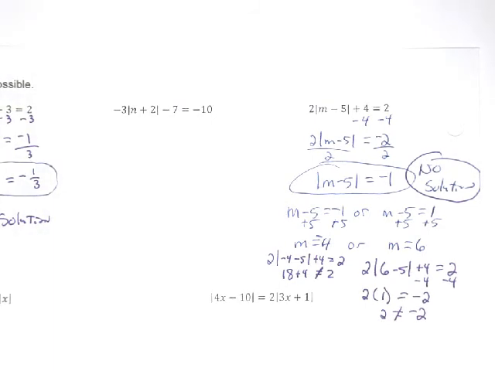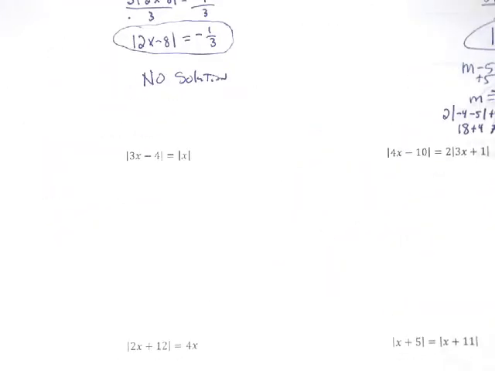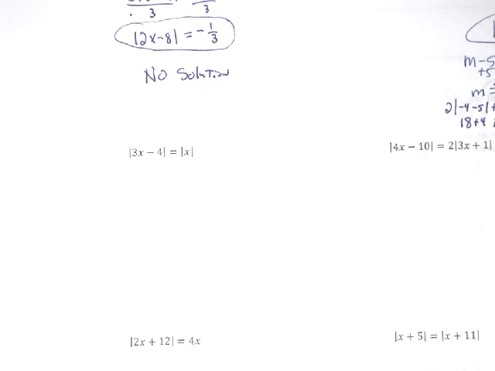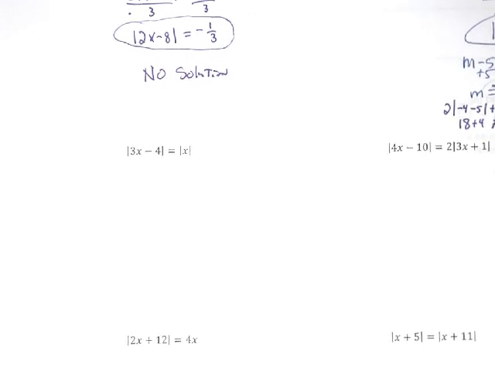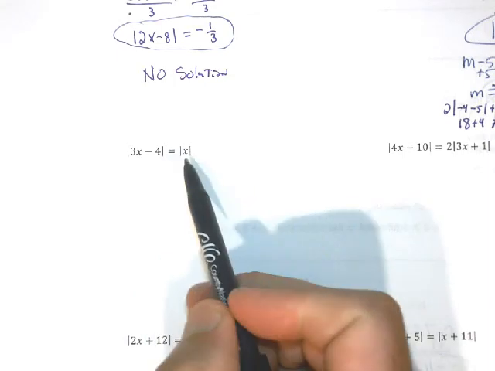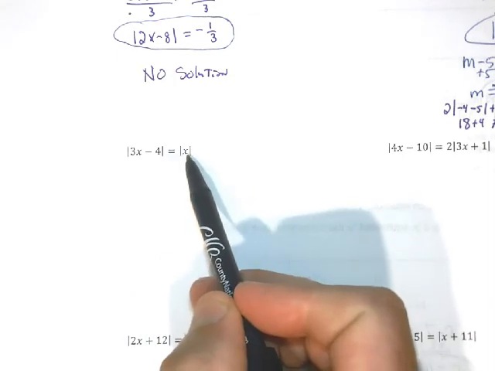All right. Here we go with another new one. So we have here the absolute value of 3x minus 4 equals the absolute value of x. So we already know what the absolute value of x is. So that is going to either be an x or a negative x.